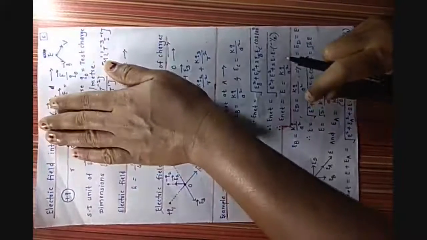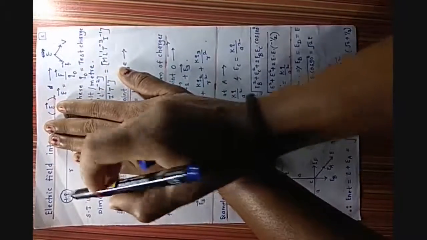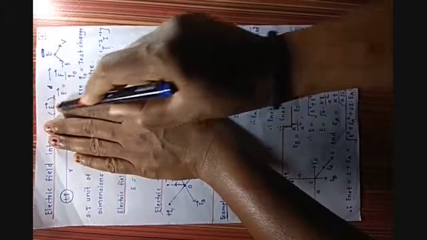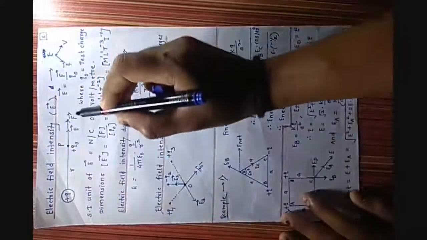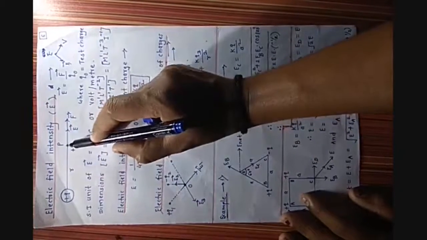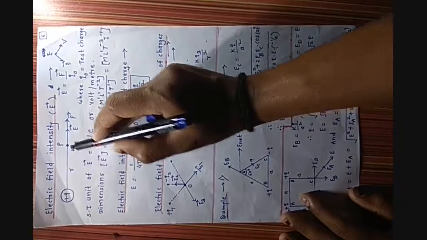In the absence of this charge, we know that this plus Q produces its own electric influence. And in that electric influence, we have placed another test charge plus Q0.